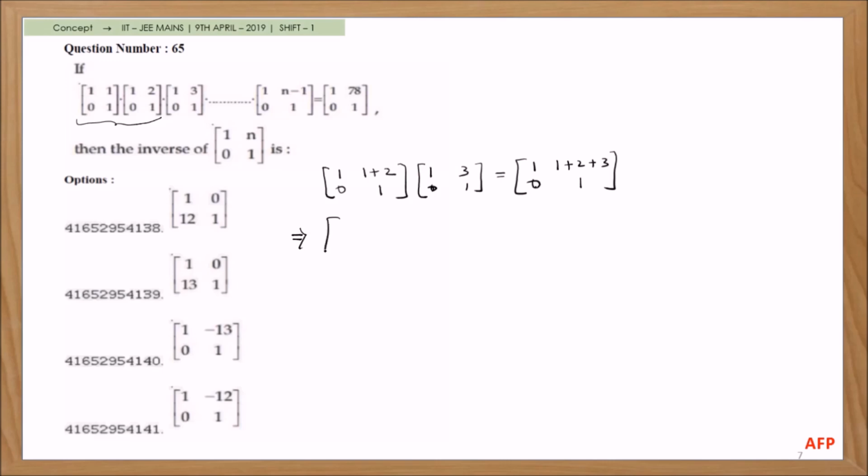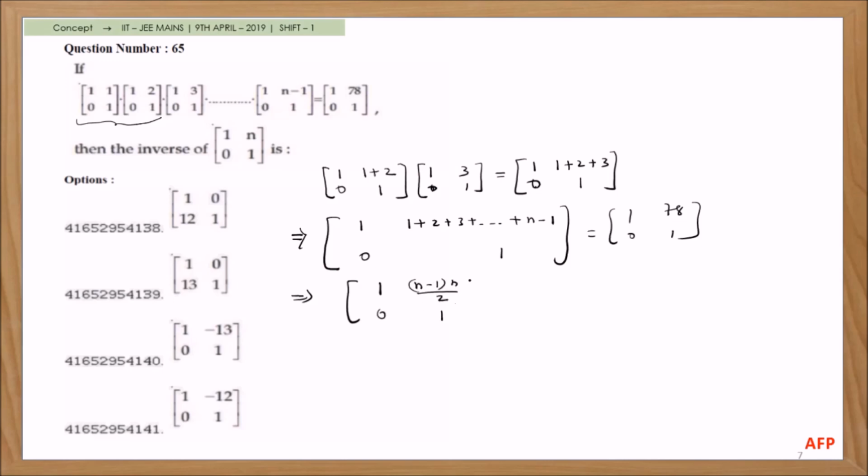The result you will be getting is 1 plus 2 plus 3 and so on up to n minus 1. So 0 you got, 1 you got, which is equal to 1 78, 0 1 you got. Which is nothing but the sum of n natural numbers, so n minus 1 into n divided by 2, 0 1 you got.